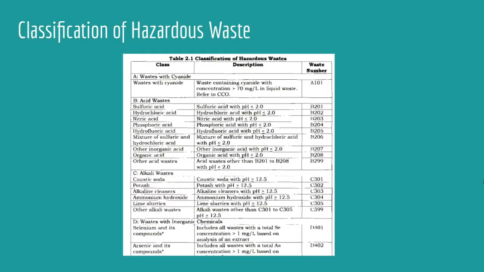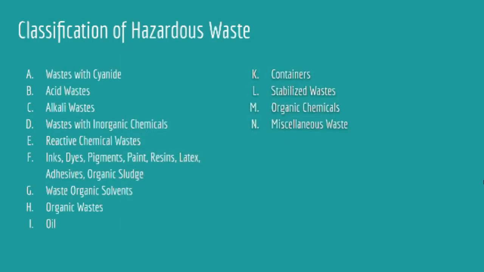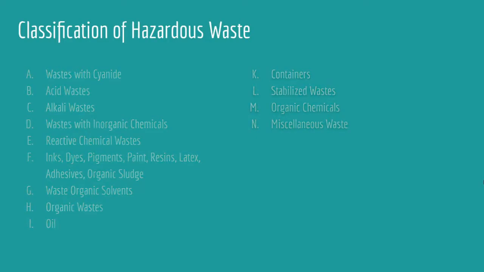So here we have the first page of the table found in the DAO 2013-22. It is quite lengthy, having a total of 6 pages, so a summary was made using the class and description found in the table. These are the 13 groups of classes found in the table.